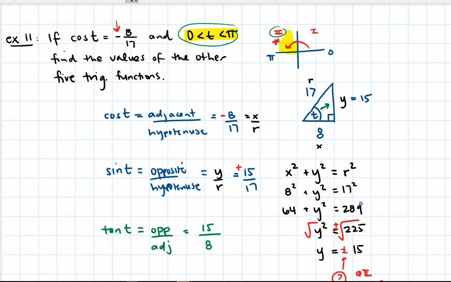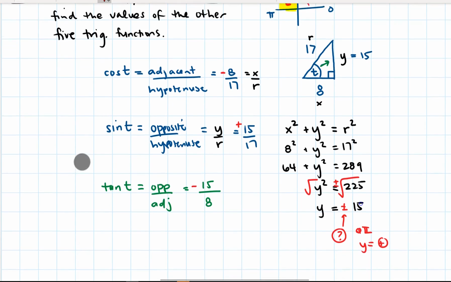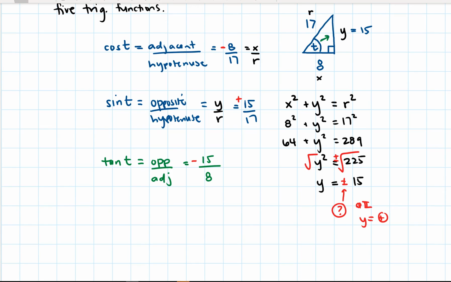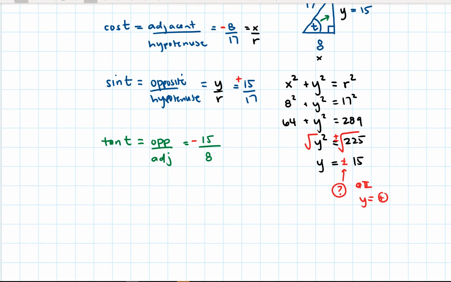In quadrant 2, the only positive trig function would be sine and its cofunction cosecant. So tangent of t, if we're in quadrant 2, should be negative. Now feel free to go backwards if you want, but I'm just going to go through and find the rest of the trig functions.